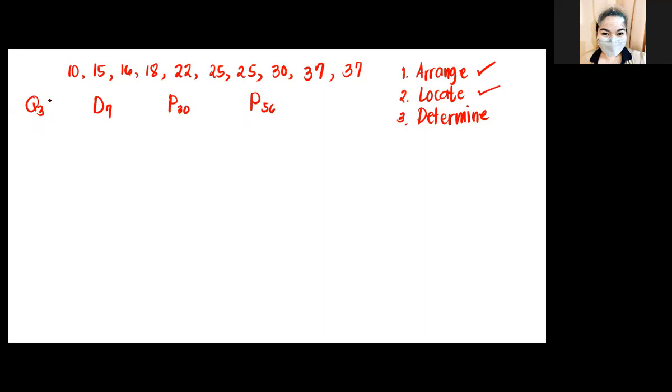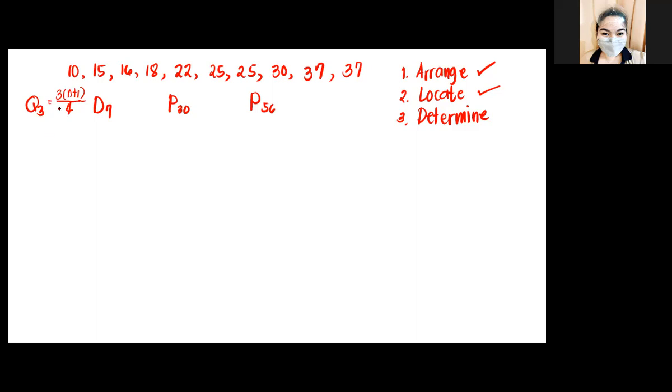To get the third quartile, of course, you need to use what is in our formula. What is in our formula for the third quartile? That's 3 times N plus 1, divided by 4, because quartile is divided into 4 parts.